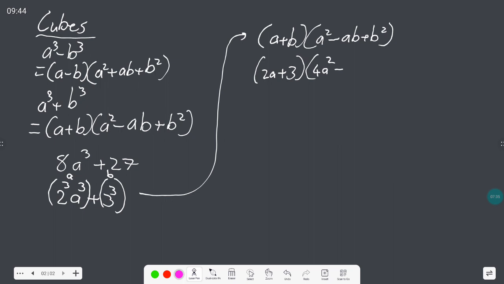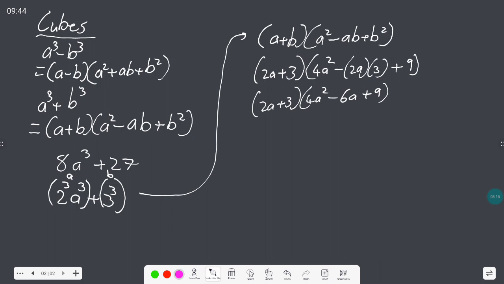So this will be 2a times 3 plus, what will be my b value? It is 3. So 3 squared gives me 9. So if I have factorized it further, I will have 4a squared minus 6a plus 9. Great.